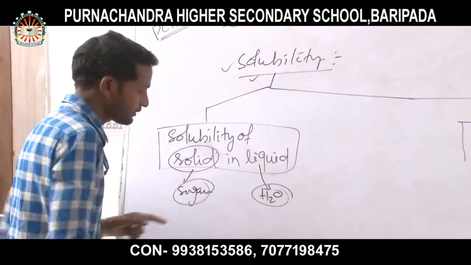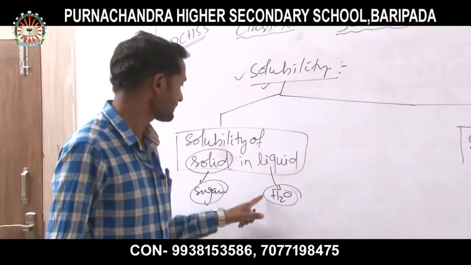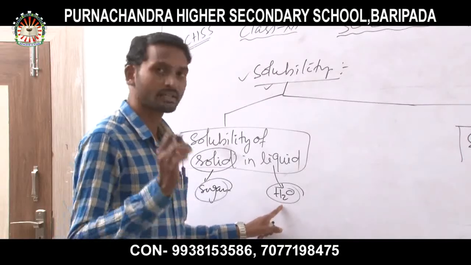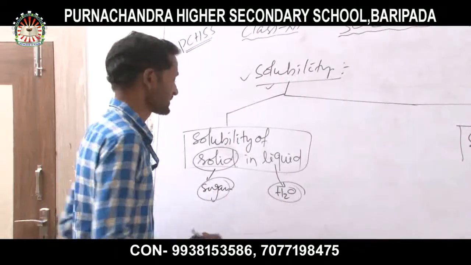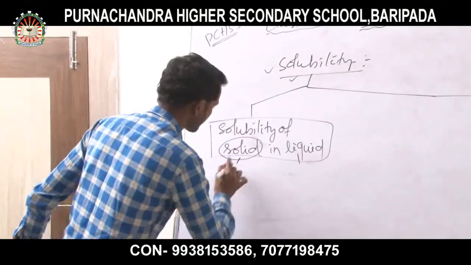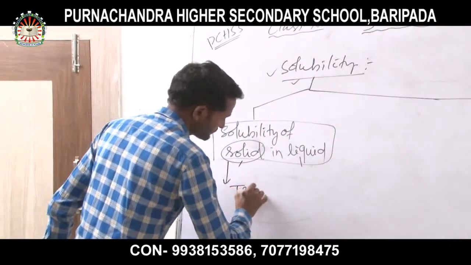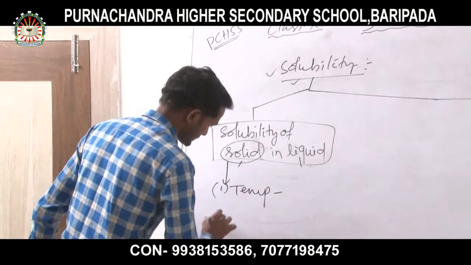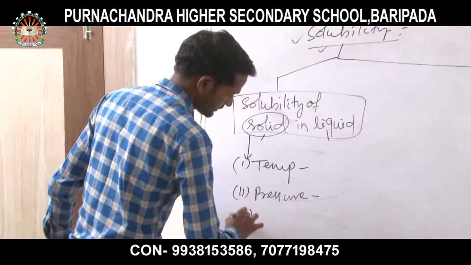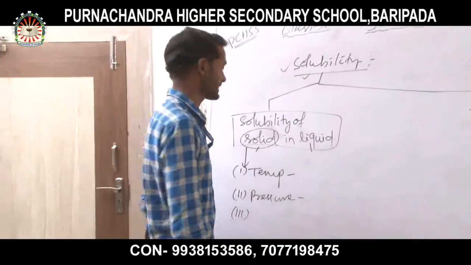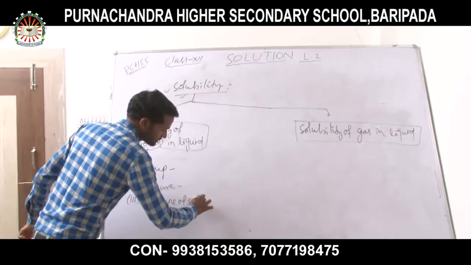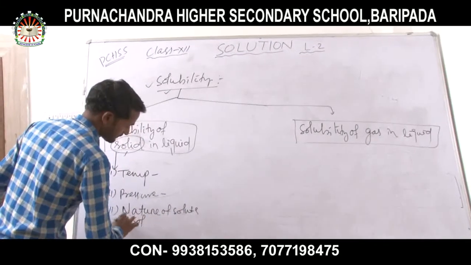So we can find the maximum capability of water to dissolve it at a given temperature or under given conditions. The factors that affect it are temperature, the first factor, pressure, the second factor, and the third factor is the nature of solute and solvent.